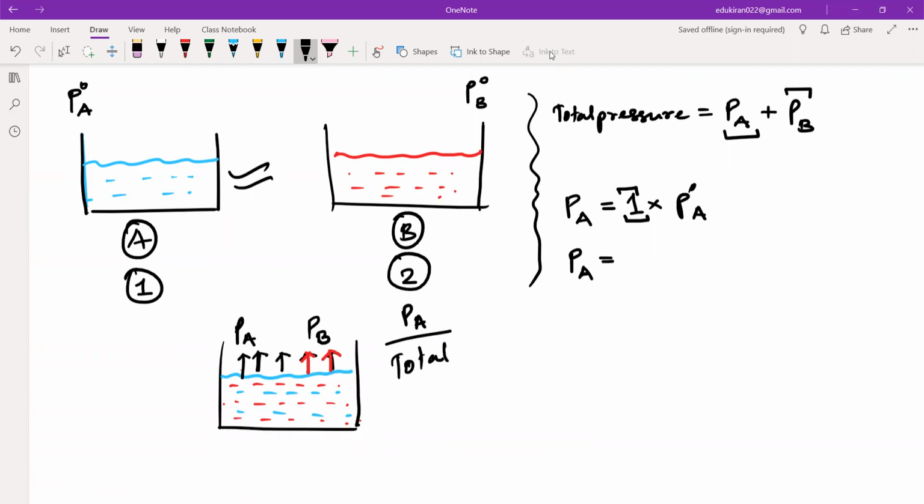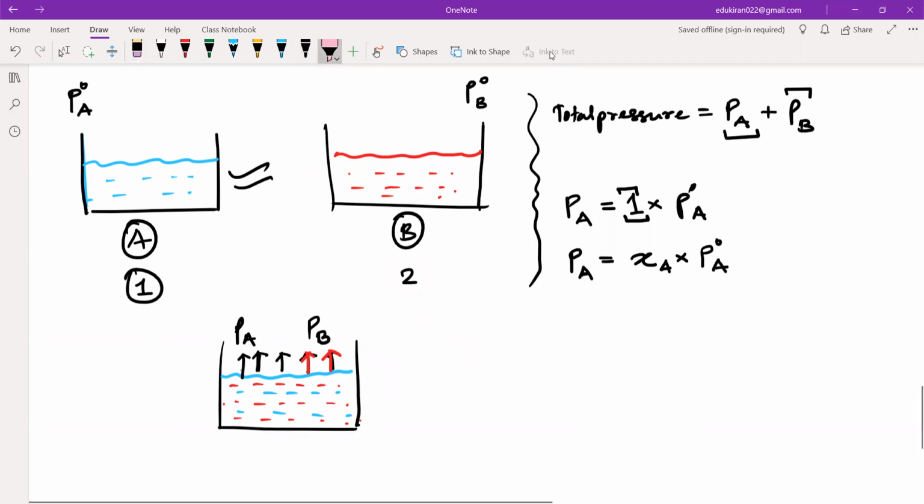Some amount of A is present out of the total, and it is like mole fraction, right? It is like mole fraction only. So the PA in the mixture will be equal to the fraction of A present there multiplied by the original pressure, that is the pure pressure of A. The second point, is that understood? Yes or no? Please tell me.